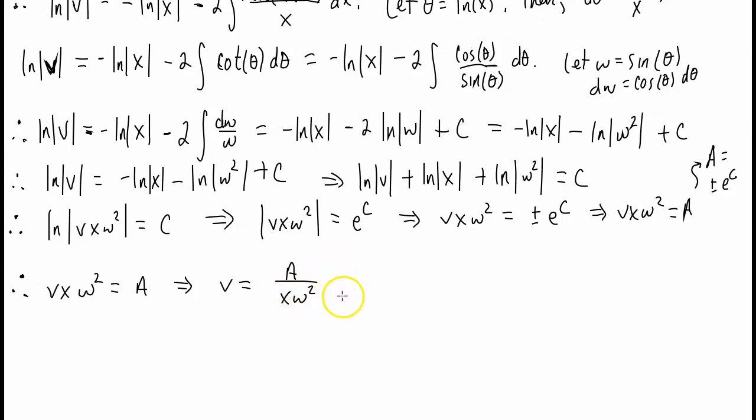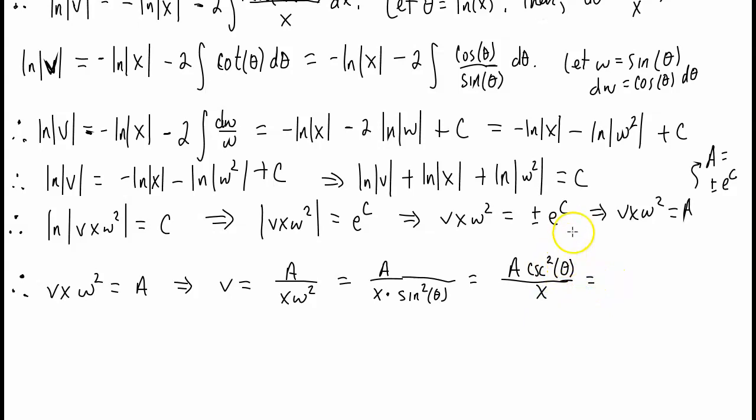And at this point, we can start subbing back in. Of course, w here was the same as sine theta, so this is going to be sine squared theta here, which would be the same as saying A times cosecant squared theta all over x.